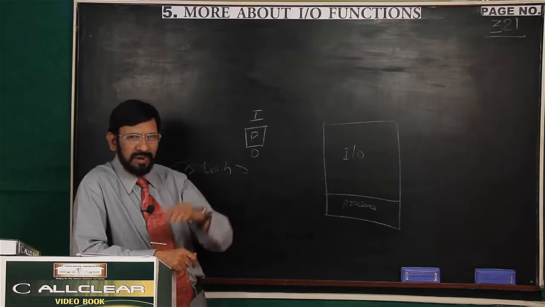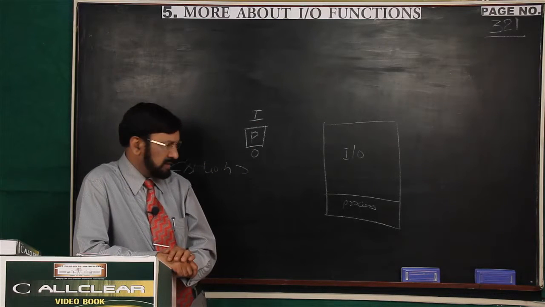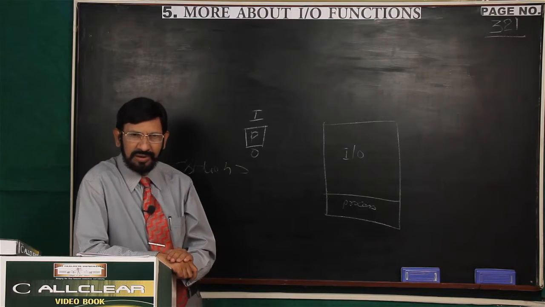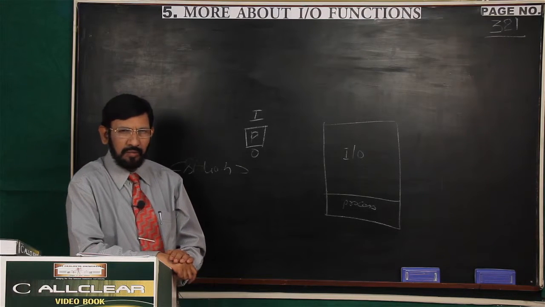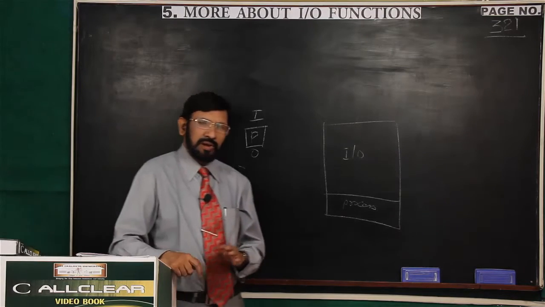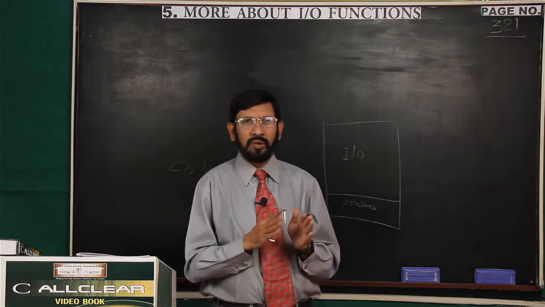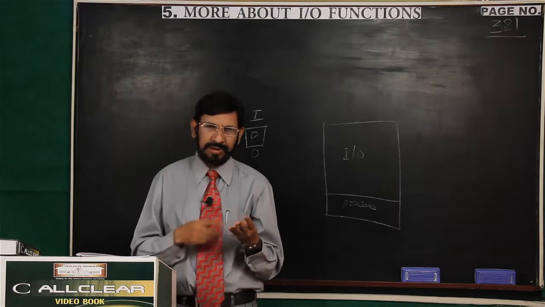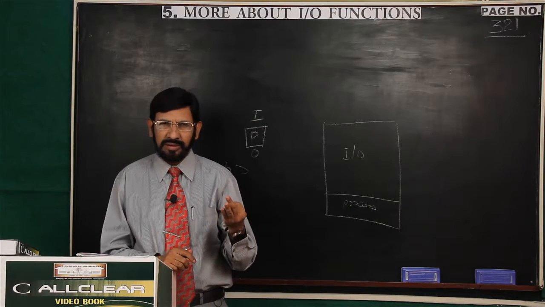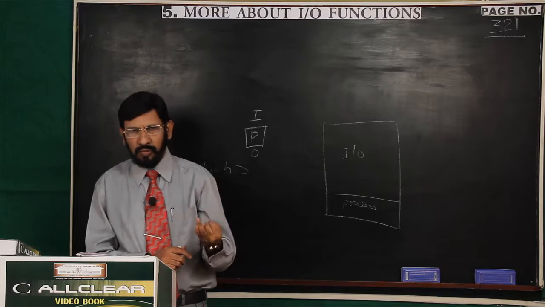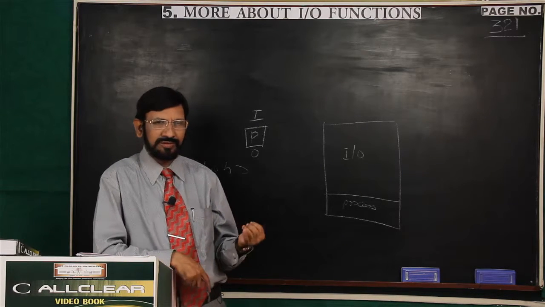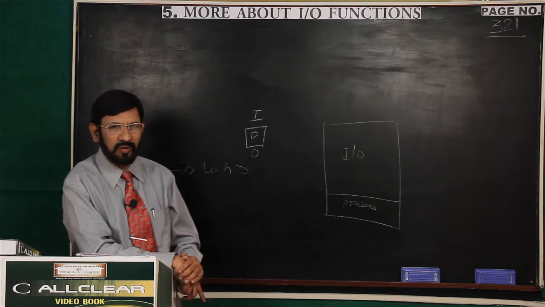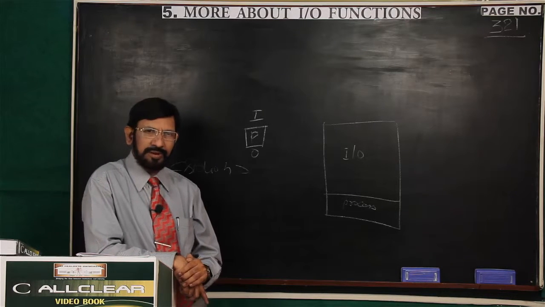Formatted functions and unformatted functions, we study separately their features and functionalities. We learn how to format character, integer, floating point, strings, all that, and their limitations and capabilities in this chapter.